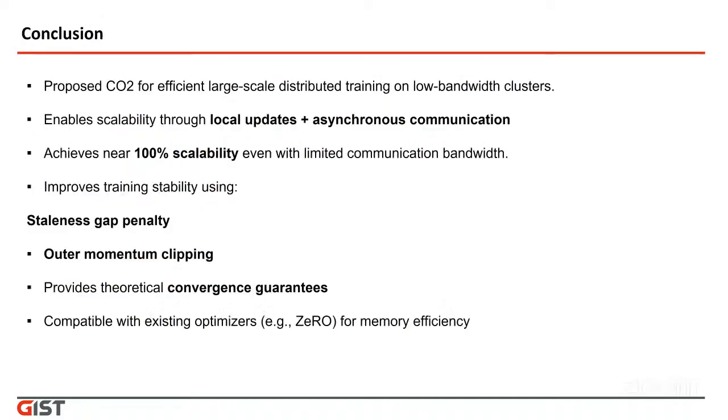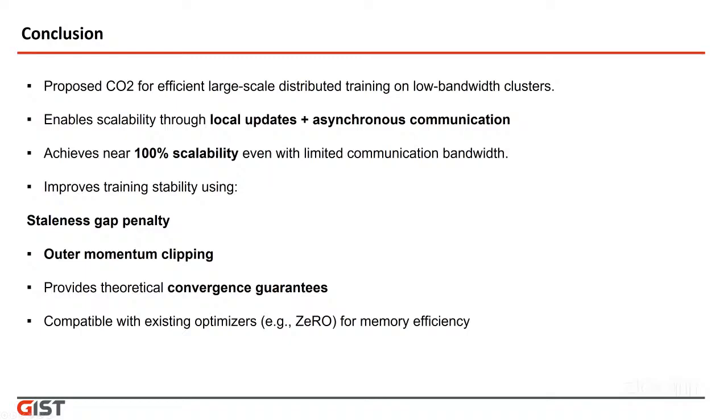So the conclusion of this paper is they propose CO2 for efficient large-scale distributed training for limited bandwidth clusters, and it enables scalability through local updates and asynchronous communication, and they achieve 100% scalability with limited bandwidth communication.